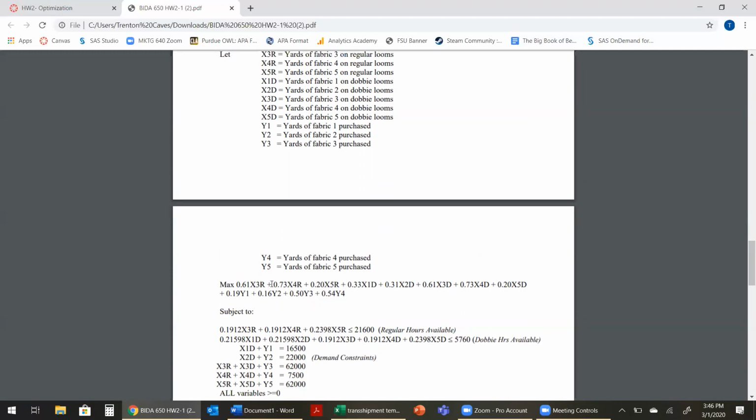Profit for X3R, 4R, 5R, those are the only three that are produced on regular looms, plus the profit for our 5 Dobie looms, plus the profit for fabric purchased.